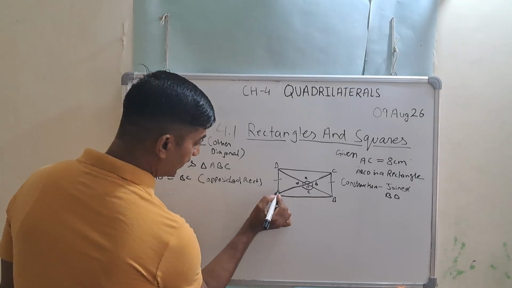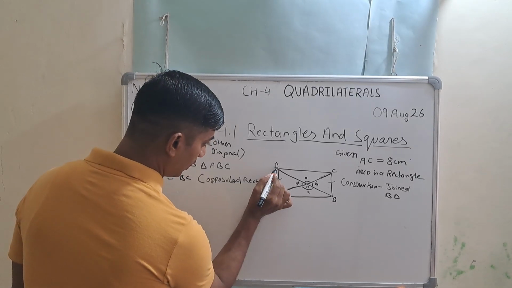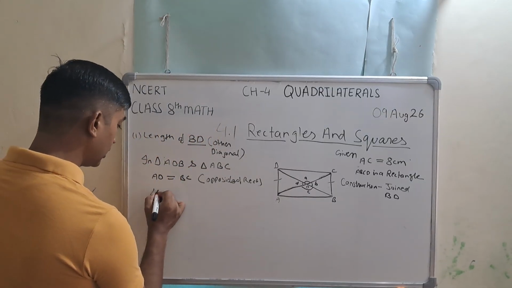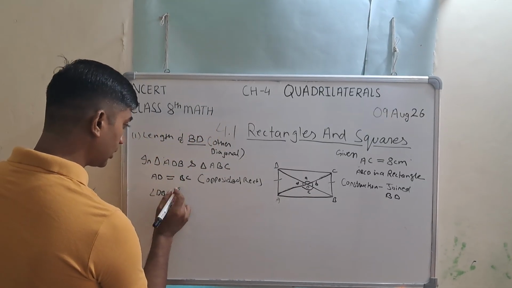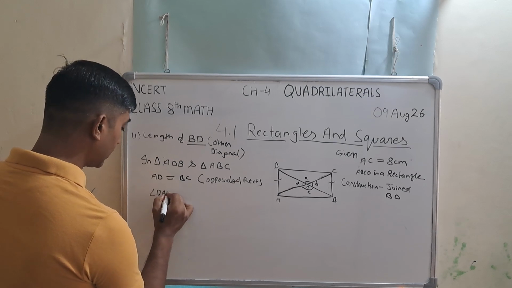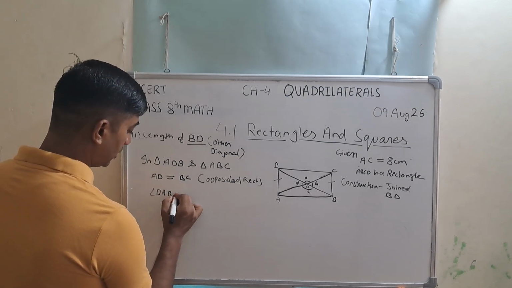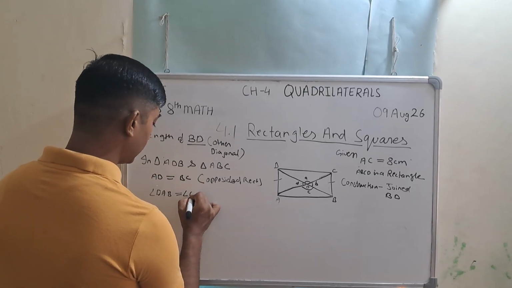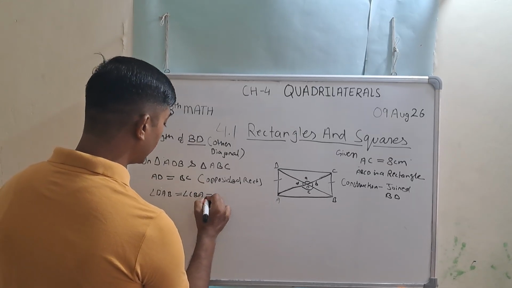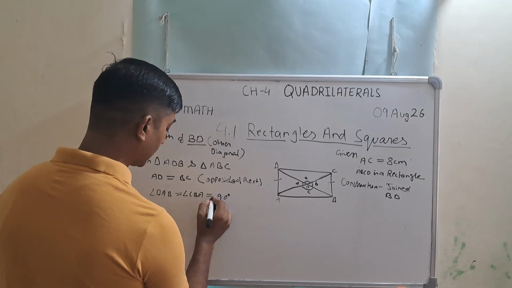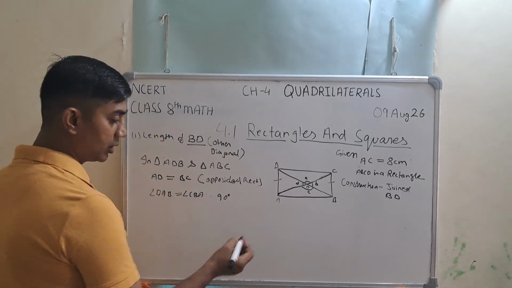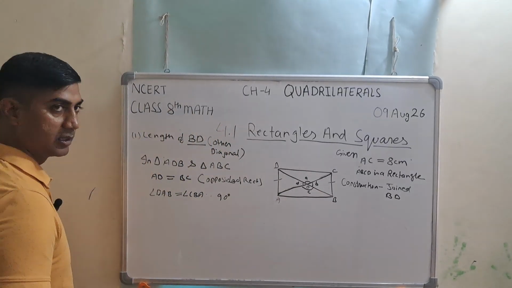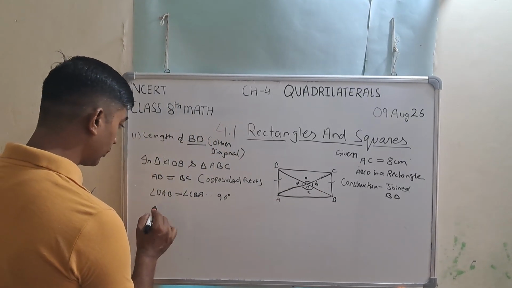And angle DAB is equal to angle CBA, which is 90 degrees. Understood? Why? Because all the interior angles of a rectangle are 90 degrees. This is by definition.